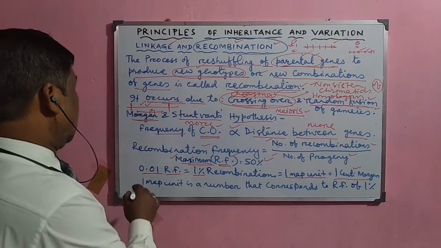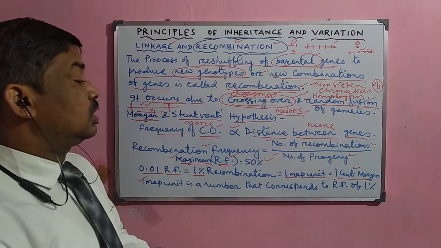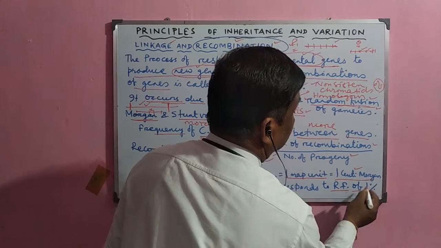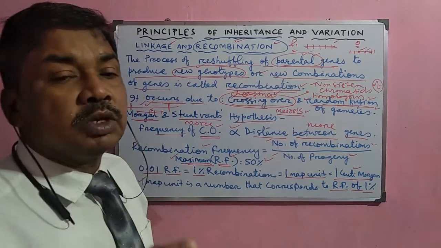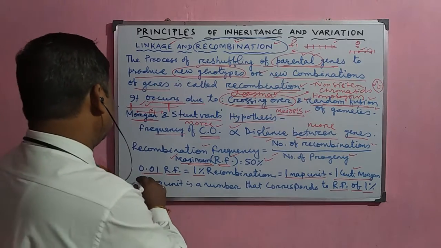So 1 map unit corresponds to a recombination frequency of 1%.